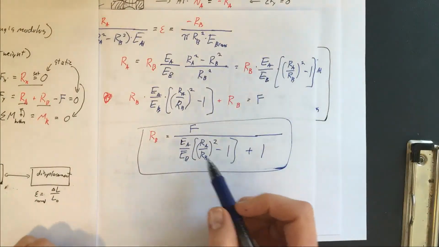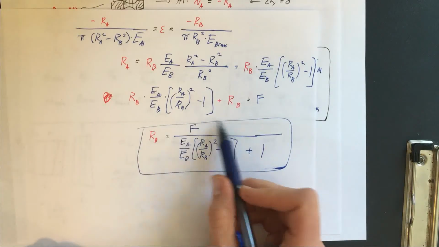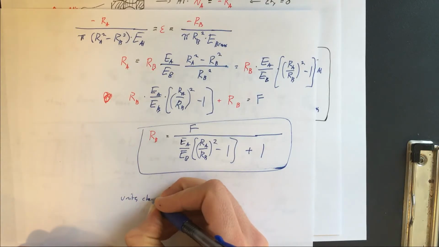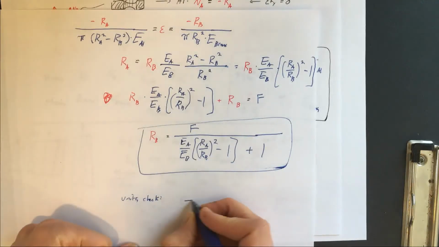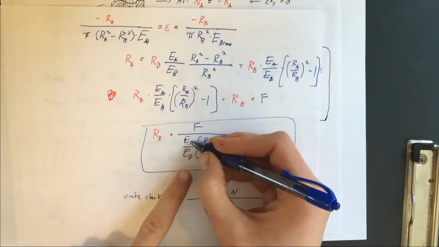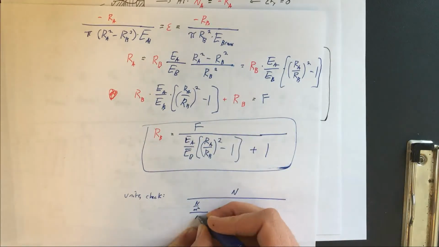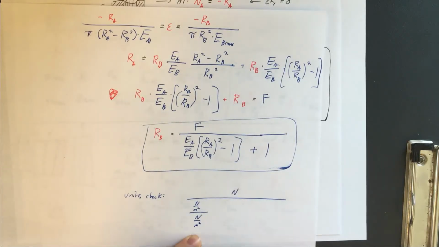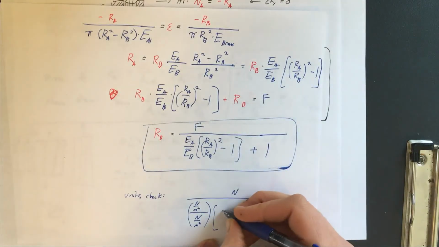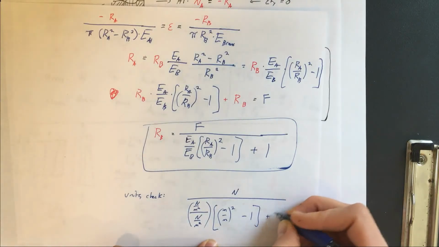So what's the key thing here? Oftentimes once we get to the end of a problem like this, we can do a units check. So F is going to be in newtons. We have EA over EB, so that's newtons per square meter, but we're dividing by something that has the same units, newtons per square meter. We're multiplying that by RA over RB, meters over meters, squared, minus 1, plus 1.